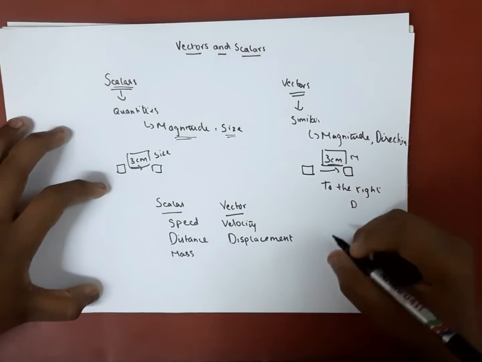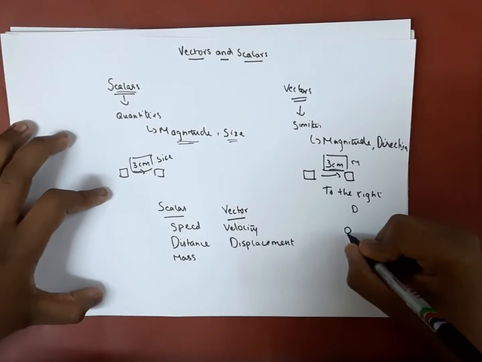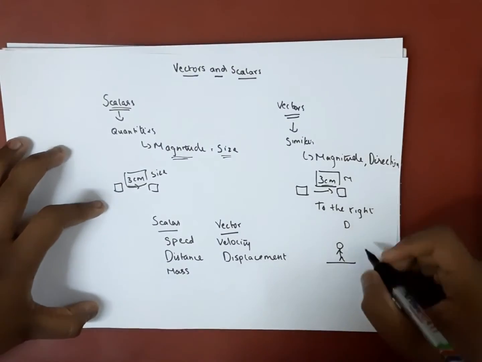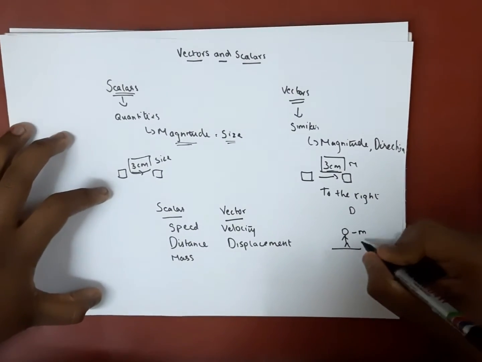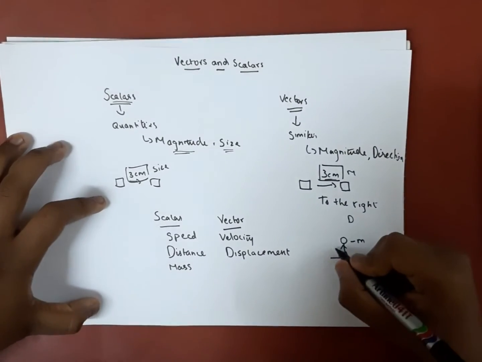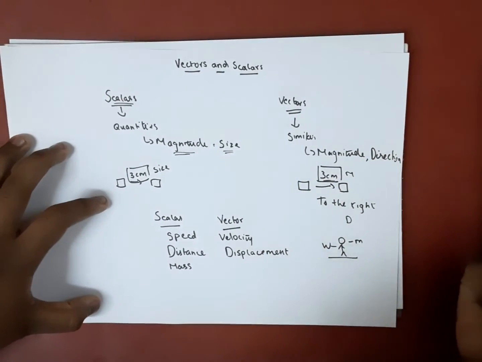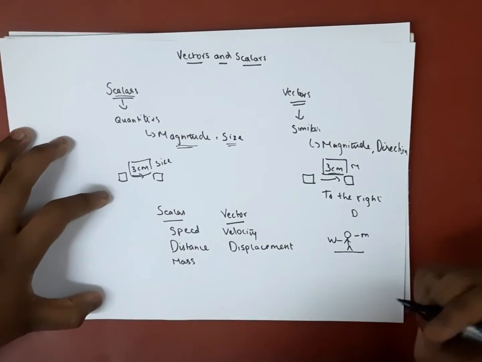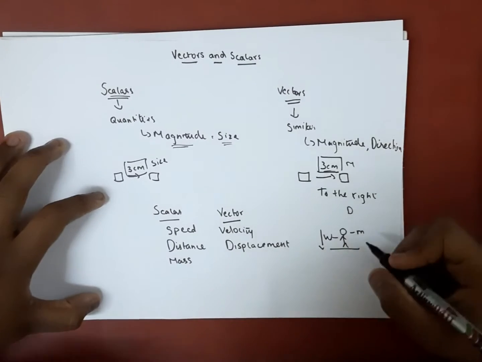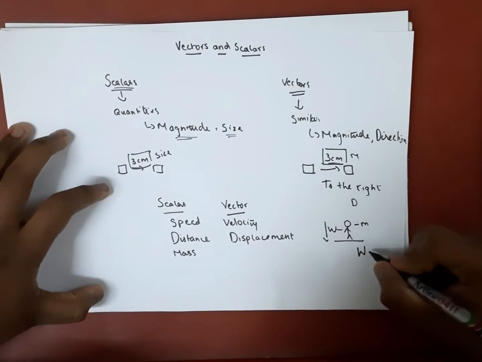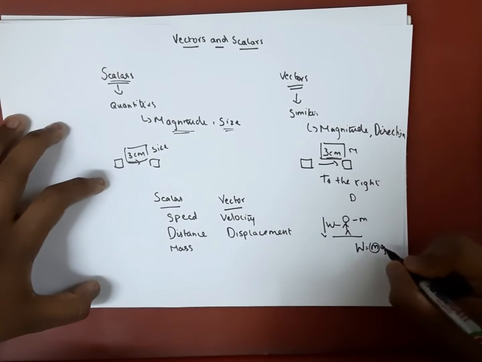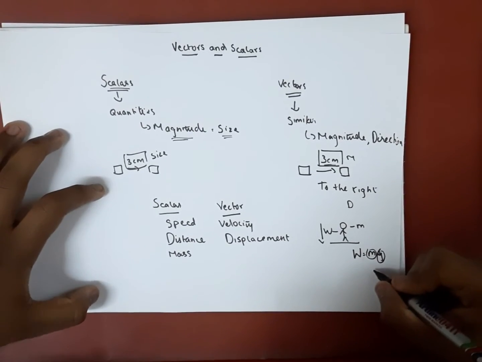But let's consider weight. Now, if this is a man standing on a surface, the mass is just the mass within him and there's no direction, but the weight is the force caused by gravity. So weight is acting downwards since it's gravity. The simple expression for weight is W = mg, in which m is the mass and g is the gravitational field strength.